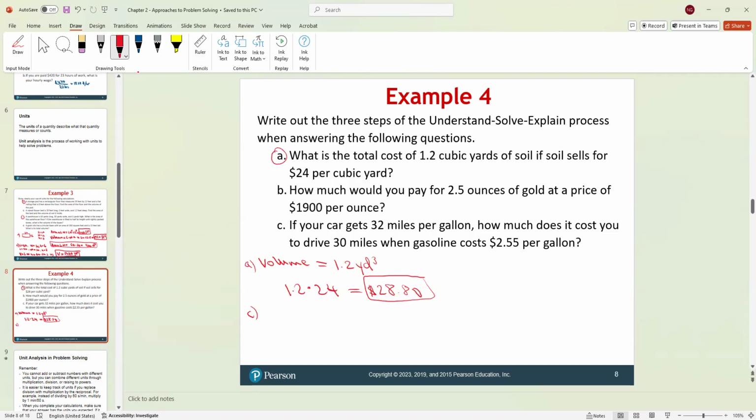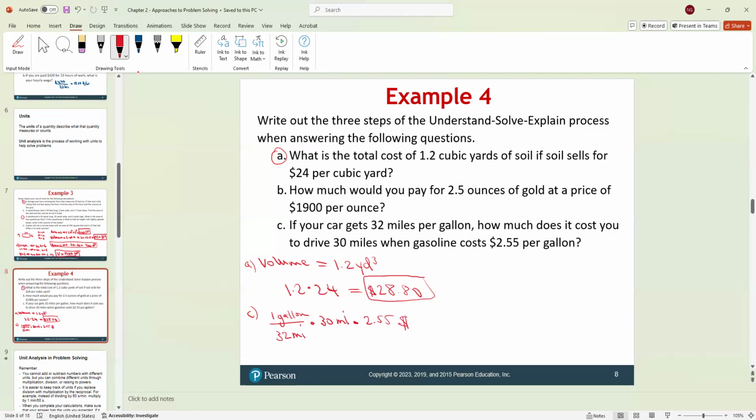First of all, you know 1 gallon gives you what? 32 miles, right? Now, if you want to drive 30 miles, you only need to multiply this by $2.55.